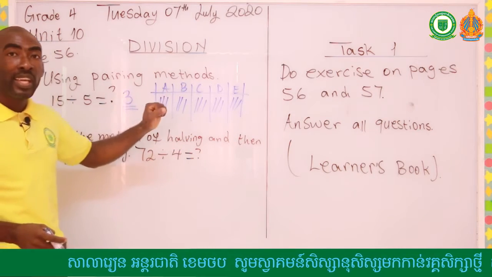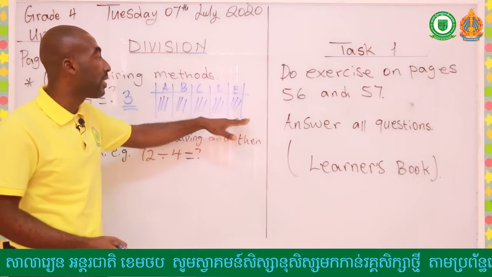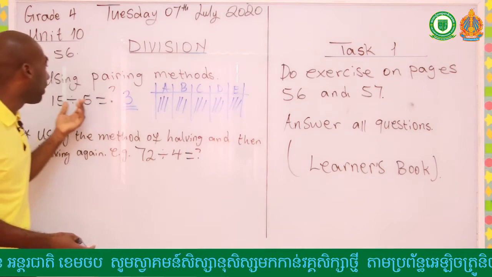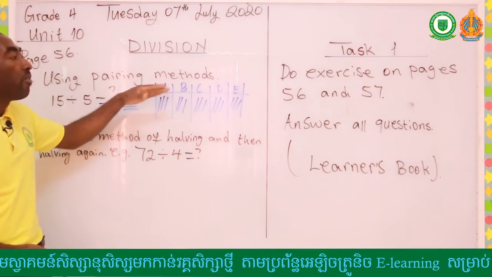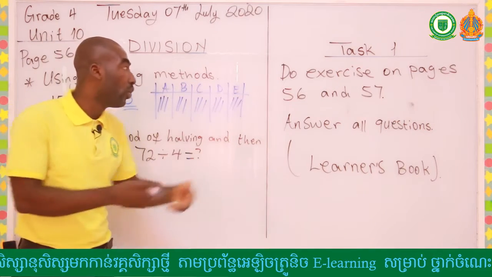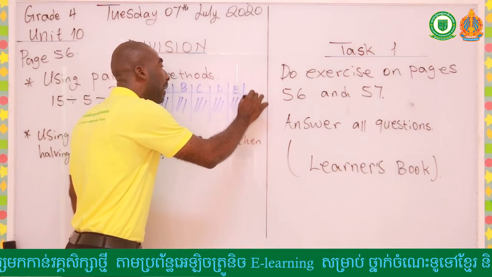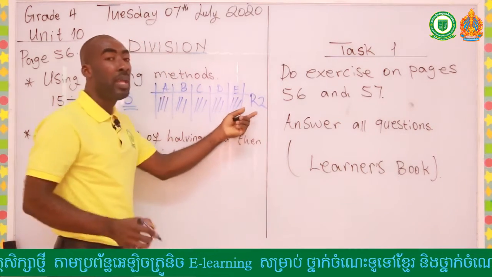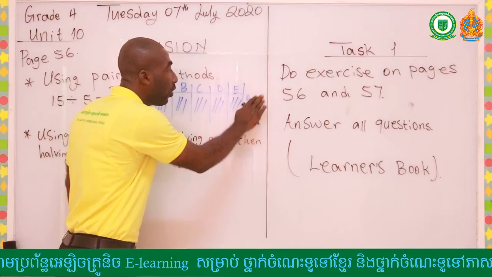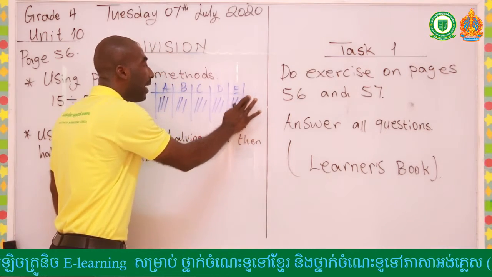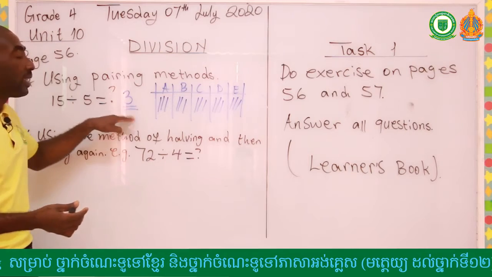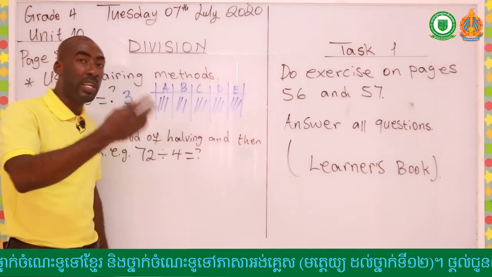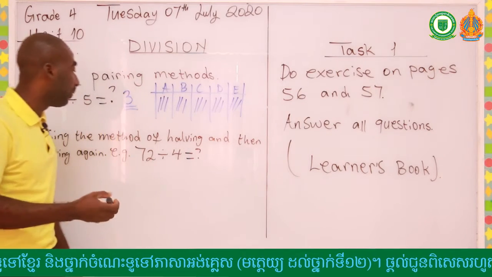They pick, and then at the end of the day, if there is a remainder, assuming our number here were like 17, and after they have taken 15 out of it, we have 2, then we can put our remainder 2 here. But in this situation, we don't have any remainder. That means each person of the 5 people gets 3. So you do that with big numbers as well.